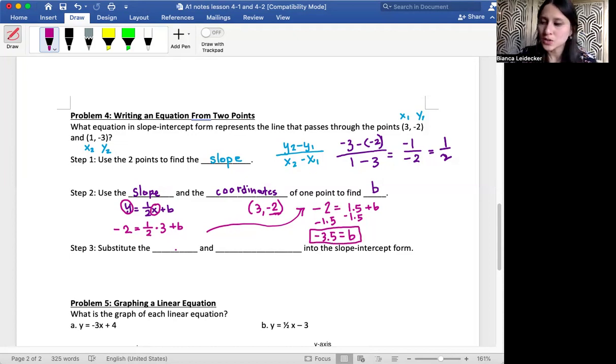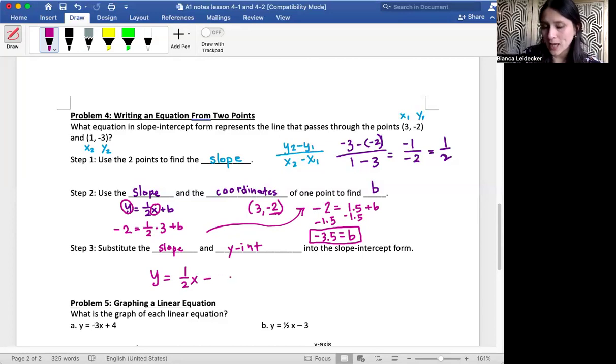So we're going to substitute the slope and the y-intercept into the slope-intercept form. And so I'm going to replace y equals m would be 1/2 x plus -3.5.